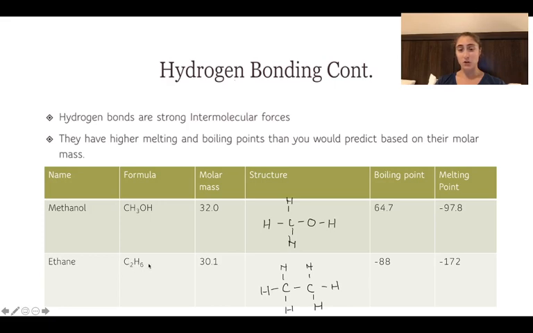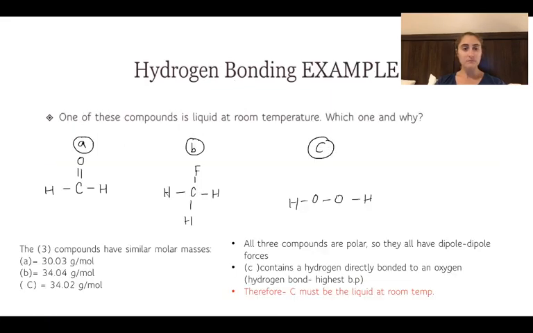So this doesn't work. So this one is going to have the hydrogen bonds present, which are the strongest ones, which means it should have the higher melting and boiling point, which we do see in this comparison. Notice their molar masses, again, are almost the exact same. But this one has a hydrogen bond in it, so it's going to have those higher melting and boiling points.